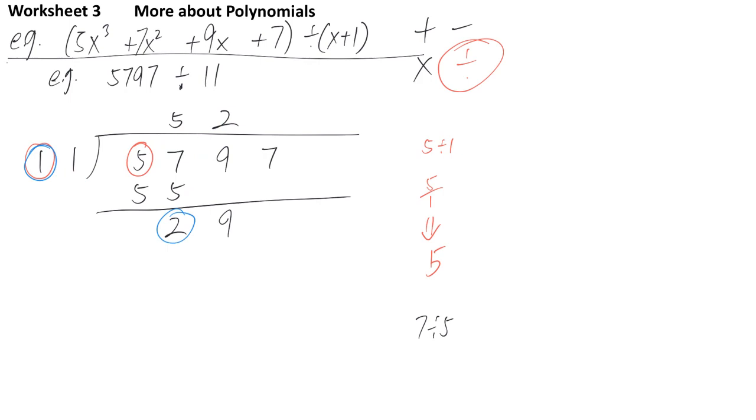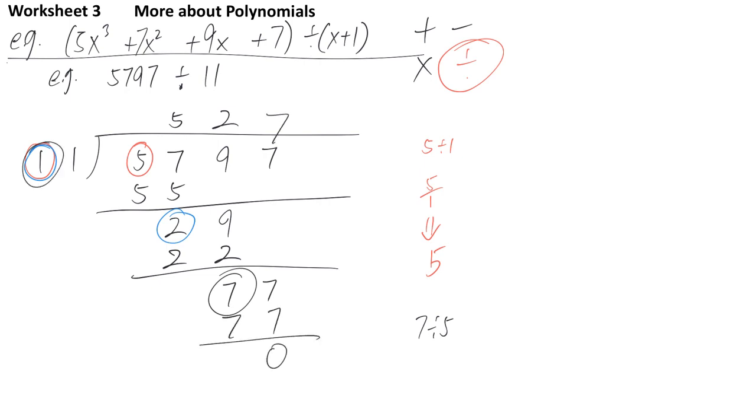So we write down 22 here. And then we just repeat the cycle again. 9 minus 2, we got 7. And then 7 divided by 1, we got 7 again. So 77. And then we find there is no remainder. That means we divide it without any remainder. So this is 527 and no remainder.